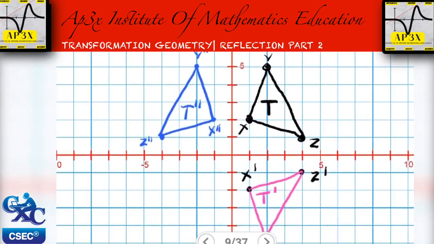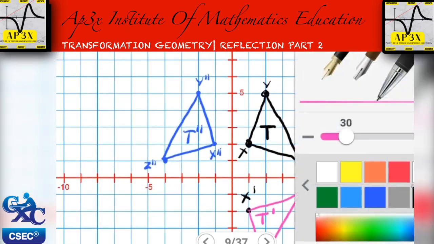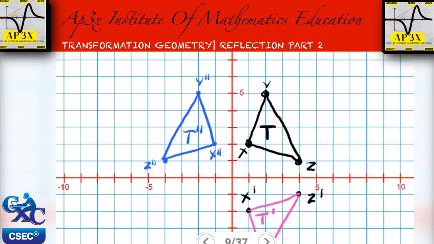All right, beautiful. And we can double check on this, guys. Remember that this video is an elaborate video. We have to make sure that everything remains consistent with what we are told. So again, here you'll see that y is a mere 2 units away from the y-axis, so it's going to be 2 units on the other side automatically. So there you can see that the calculation matches up with the graphical representation. x here is just a mere 1 unit away from the y-axis, so it's going to be 1 unit on the other side as well.